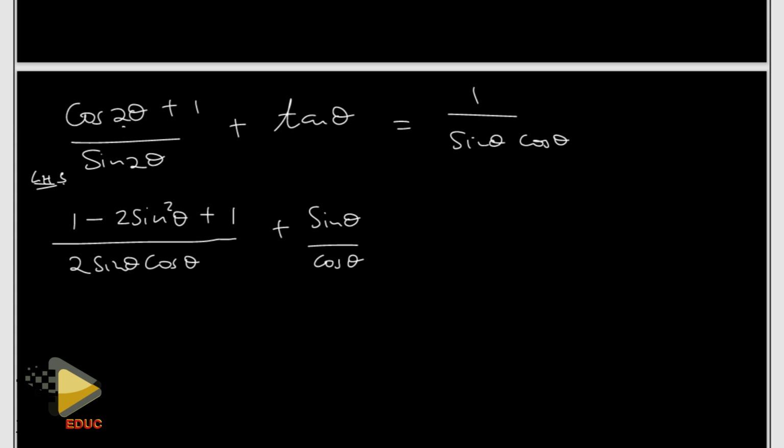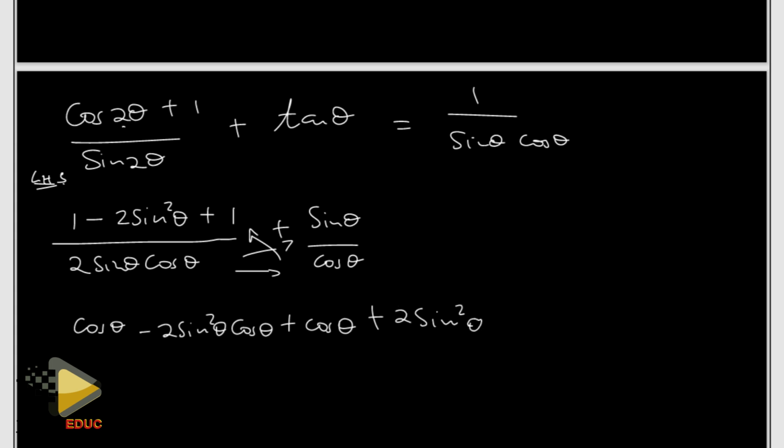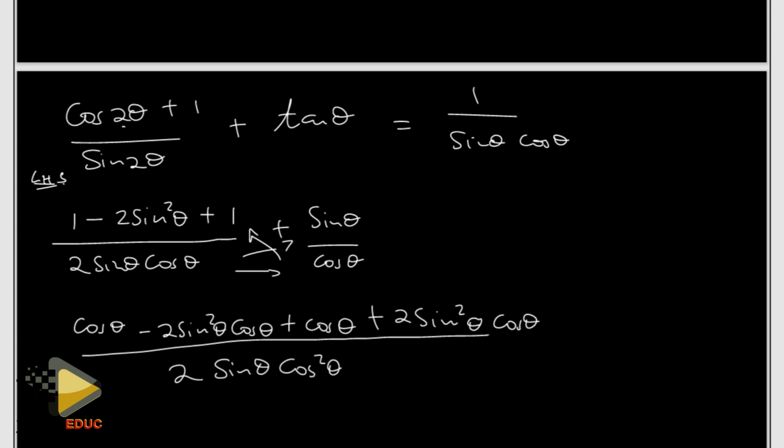Then you can simplify that, or crisscross with the fractions. So that's going to be cos theta minus 2 sine squared theta cos theta plus cos theta plus 2 sine squared theta cos theta, over 2 sine theta cos theta squared.